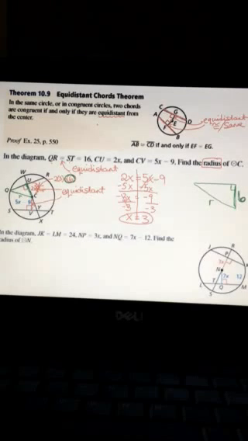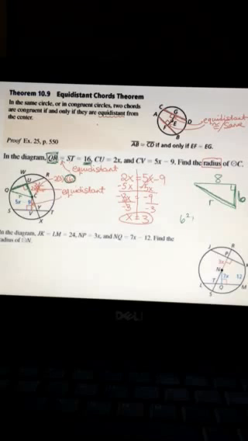And for the longer side, we're going to have to come back up here. And remember, they had told me that QR is 16. So this piece of my right triangle will be half of that. So it is 8.